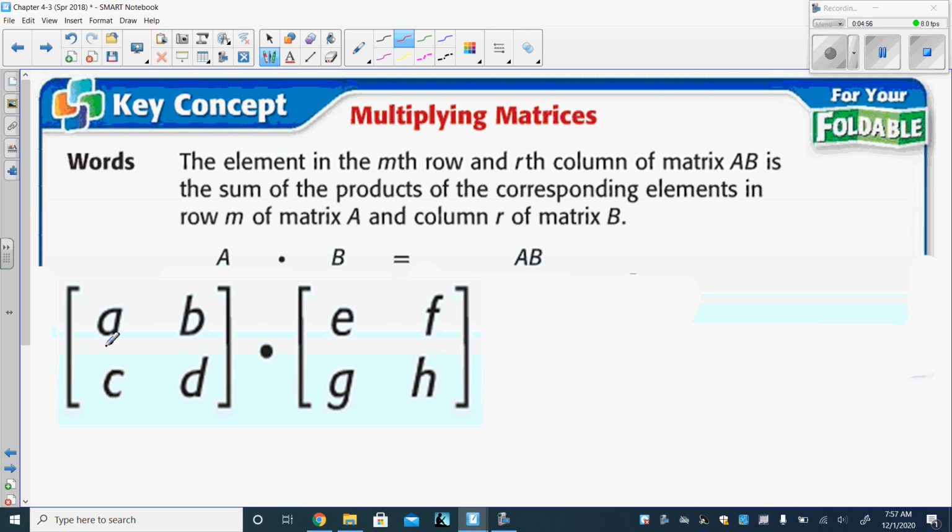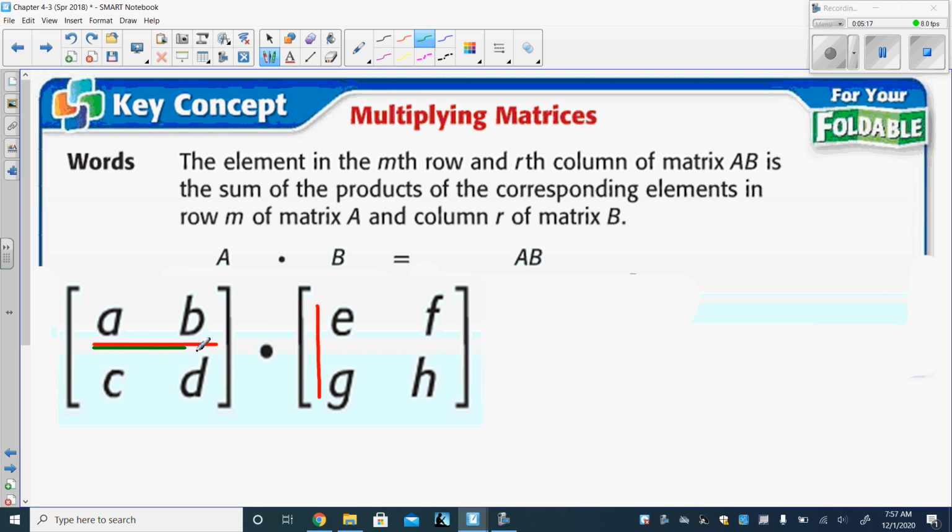When we multiply two matrices together, what we do is something I call over, down. So we go over and down, over, down, over, down.